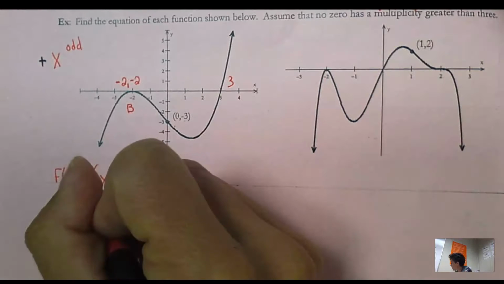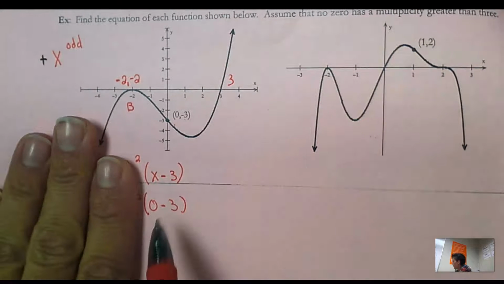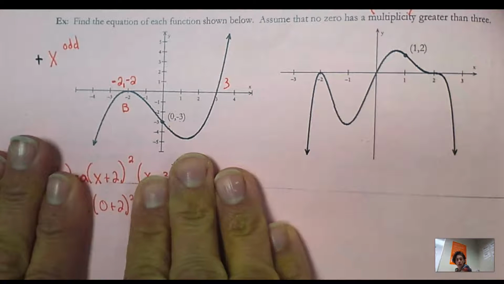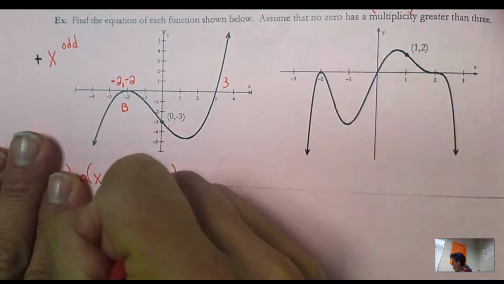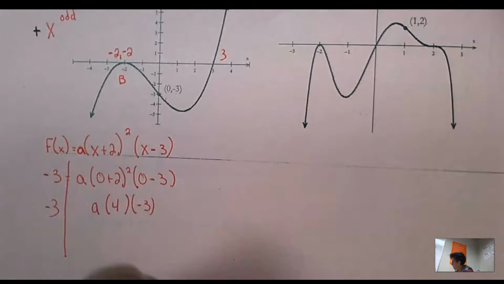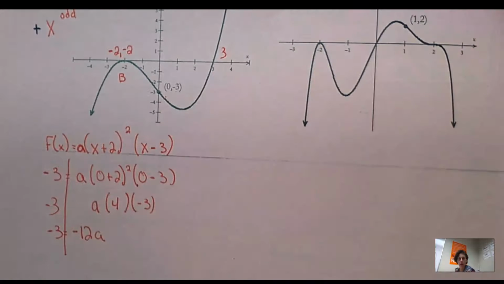So if I just kind of draw a wall here, I'm just cleaning this side up. So 0 take away 3 is -3. I'm going to keep it in parentheses. 0 plus 2 is 2, and 2 squared is 4, so I'll keep 4 in parentheses. And then I have an a with the -3 over, and then I'm just going to multiply this up, and I get -12a.